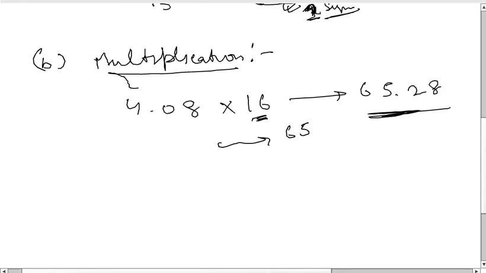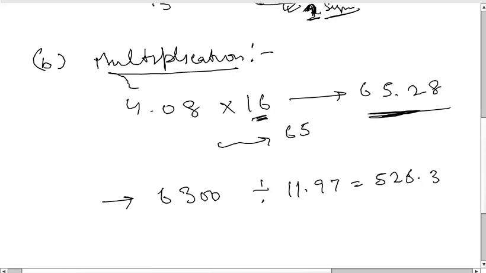Then let us say the case of division. For example, if I divide 6300 by 11.97, it comes out to be 5.5263157, etc. I already calculated this over there.